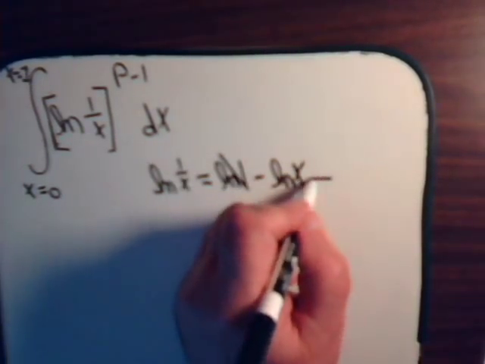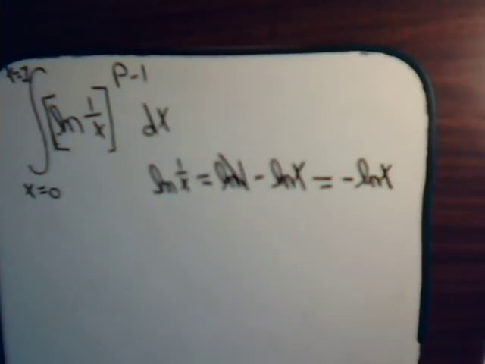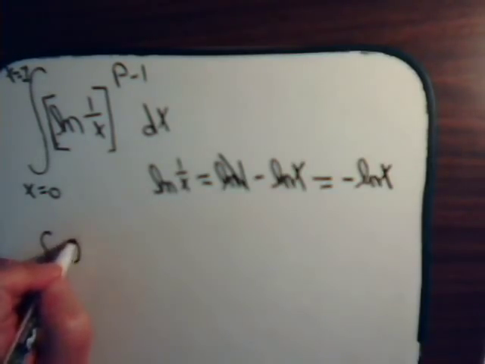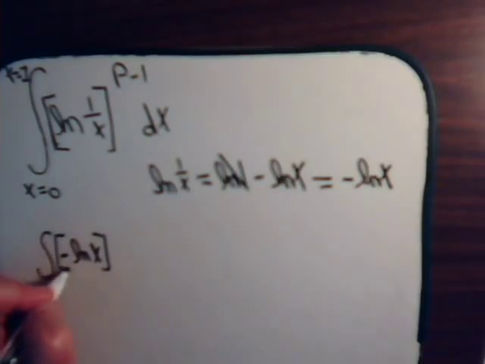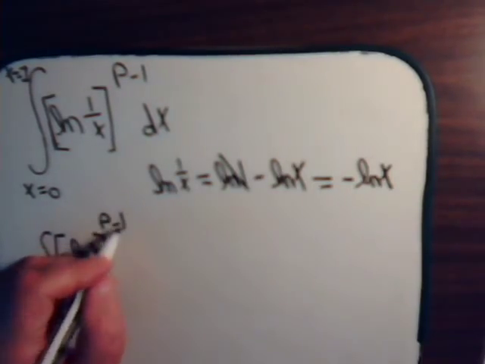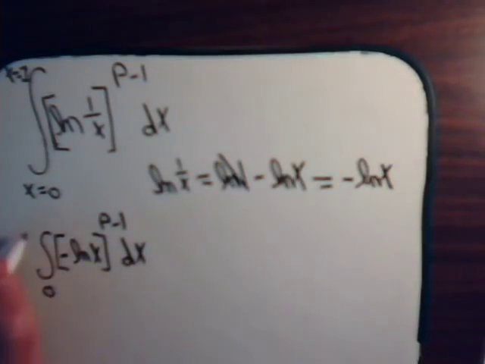That, of course, is 0. So we can rewrite the integral as minus the natural log of x to the p minus 1 dx. X goes from 0 to 1.